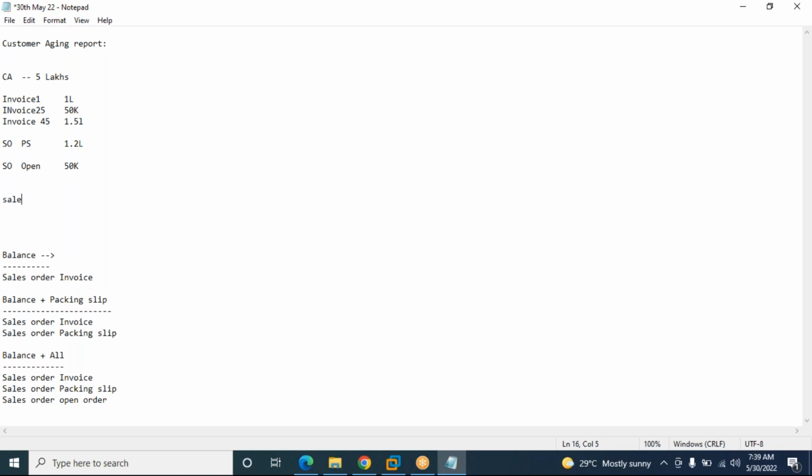I'm creating a new sales order, now generating for 1 lakh. Whether the system should calculate all these things, or if you consider only balance, then the new sales order will allow you to create 1 lakh worth of material, and I can do the packing slip and invoice.